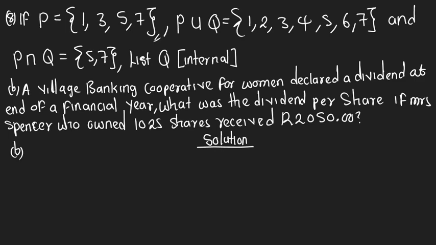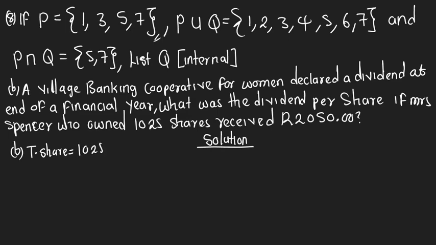So, we do B. B is saying a village banking cooperative for women declared a dividend at the end of a financial year. What was the dividend per share, if Mrs. Spencer, who owned 1025 shares, received 200 rands? Now let's do this. What is the total dividend? Or what is the total number of shares? 1025.